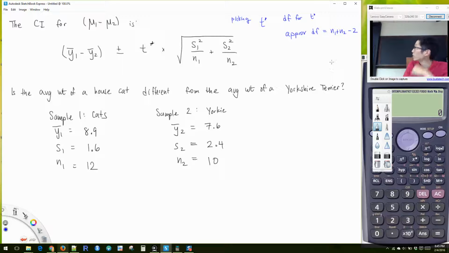Now, if you read another textbook, it might say approximate degrees of freedom as n minus 1 and use the smaller of the n's. So I'll put that over here: other texts may say degrees of freedom is equal to n minus 1 and use the smaller of the two n's.